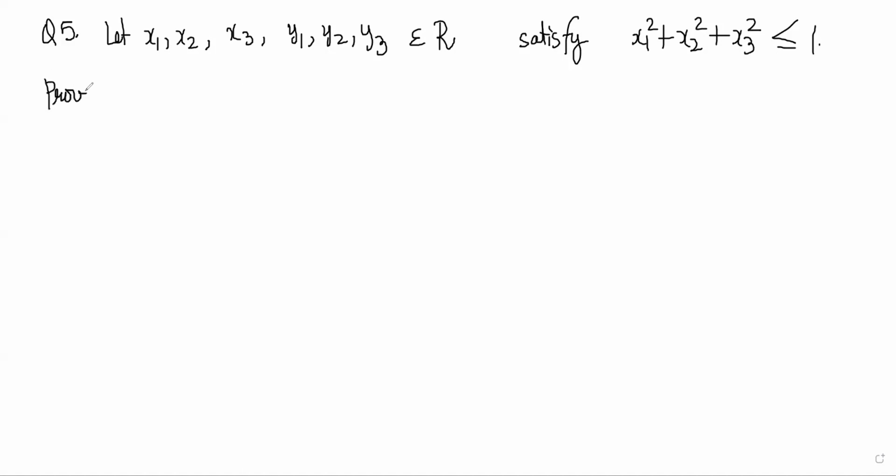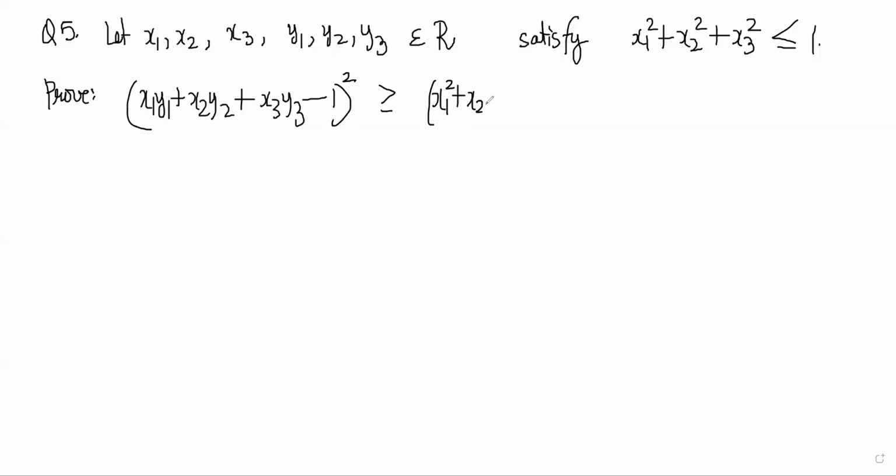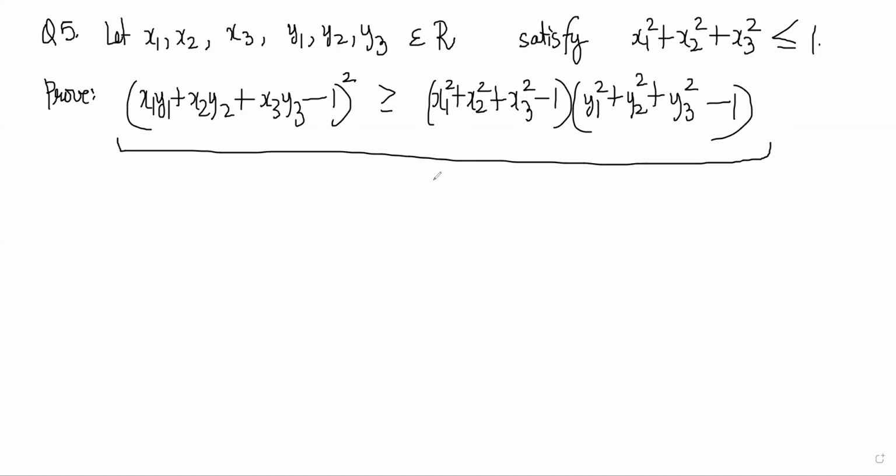We have to prove that (x1 y1 + x2 y2 + x3 y3 - 1) whole square is greater than or equal to (x1 square + x2 square + x3 square - 1) multiplied by (y1 square + y2 square + y3 square - 1). Okay, we have to prove this inequality.